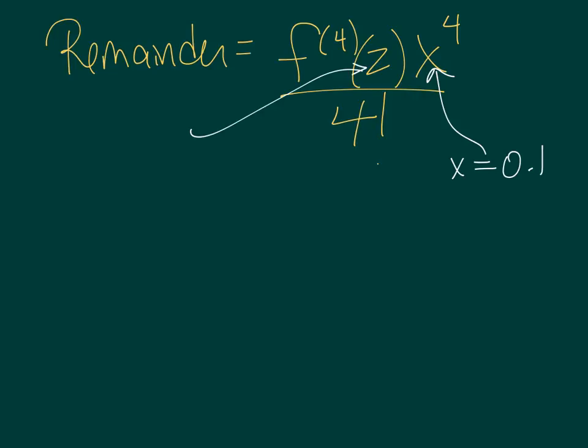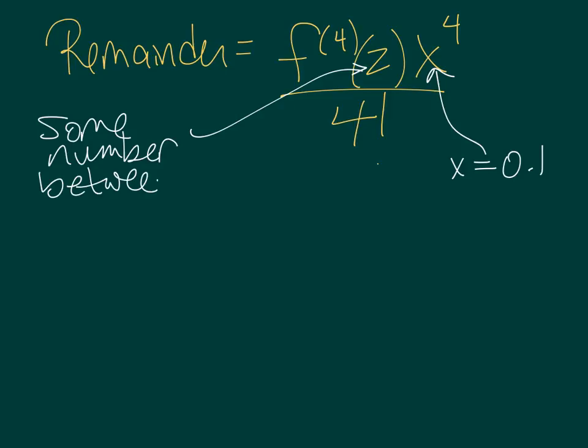The z is some number between 0, because that's where our Maclaurin series is always centered, and the x that we're interested in, in this case, 0.1. We don't know what that number is, but maybe we can see how bad that number could possibly be. So we'd like to try to find the worst case for that fourth derivative between 0 and 0.1.